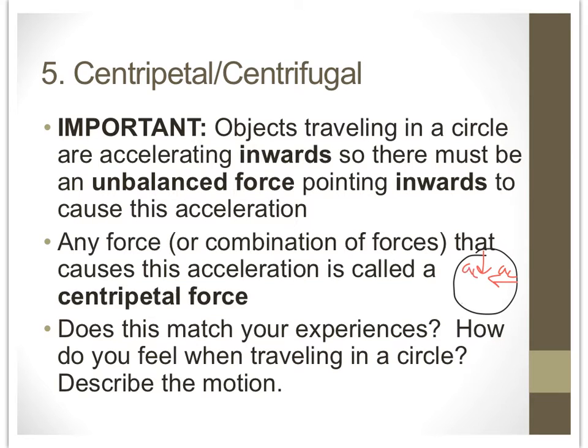And we know from the forces unit that if we have an inward acceleration, we must have an inward unbalanced force. In order to make an object move in a circle, there has to be some unbalanced force pointing inward, causing that object to accelerate.